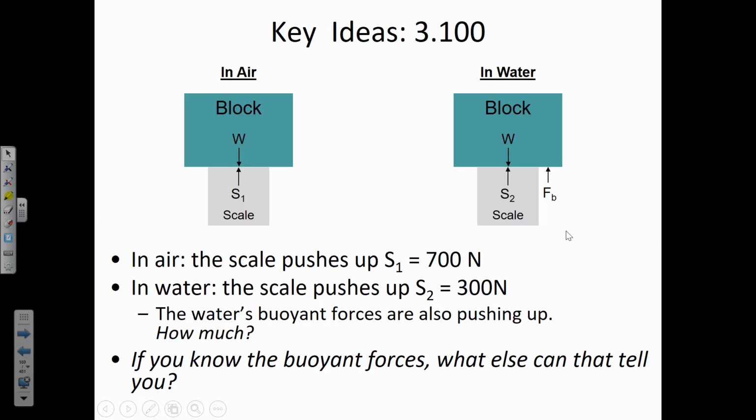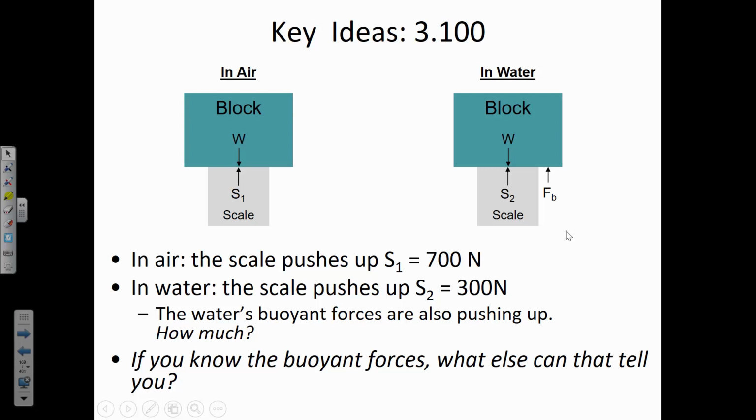All right. This is another one where they're describing it but not really showing what's going on, and I felt like some visuals would maybe help you out. We're taking this system, which is a block on a scale, and we're measuring what the scale says both in air and in water.